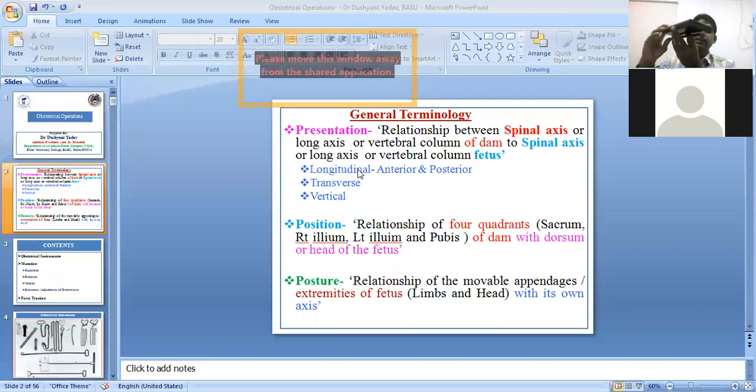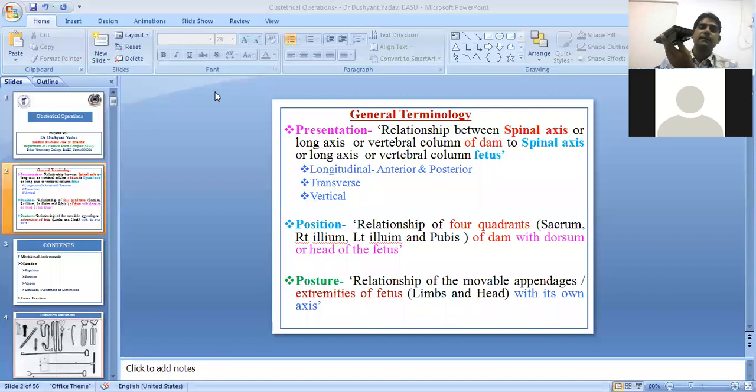This is very simple. And if the fetus is in the transverse position like that, then it is called a transverse presentation. If the fetus is in the vertical position, it is very rare.